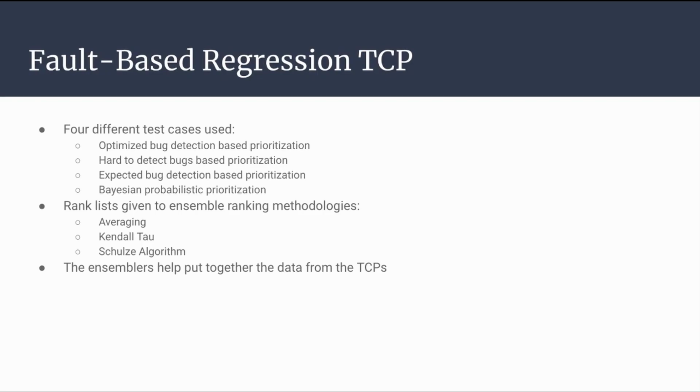Once these priority rank lists are produced, they are given as input to the ensemble ranking methodologies, which are averaging, Kendall-Tau, and the Schultz algorithm. The average methodology does essentially what the name says. It'll take the averages of all the different ranks created.